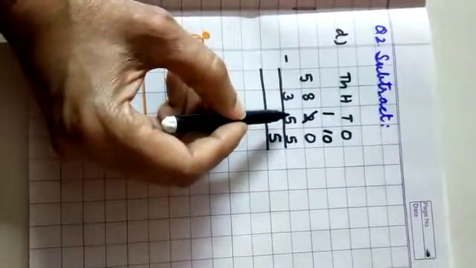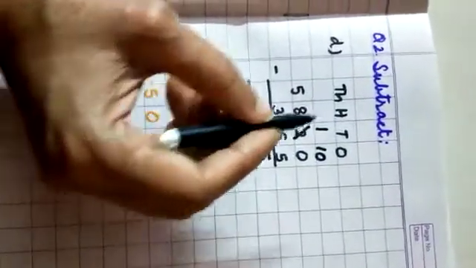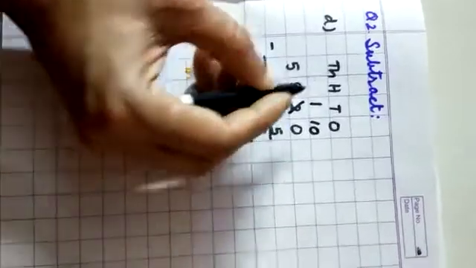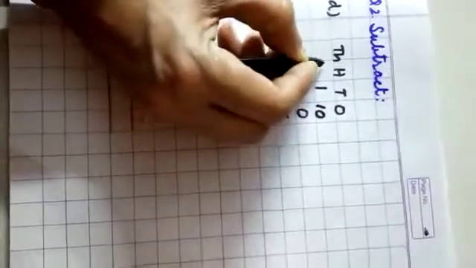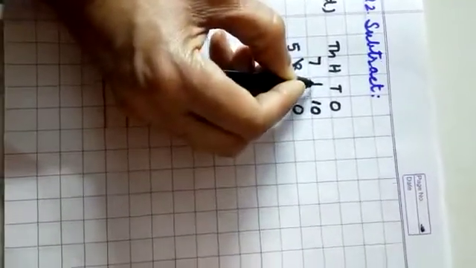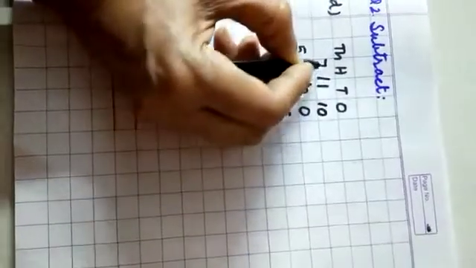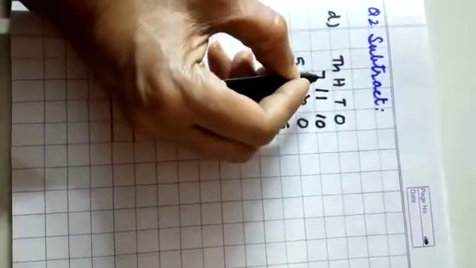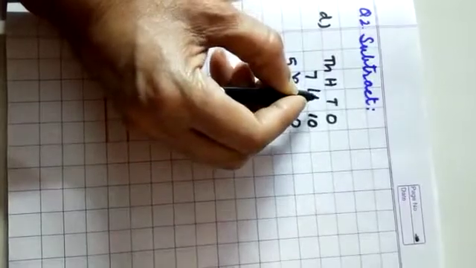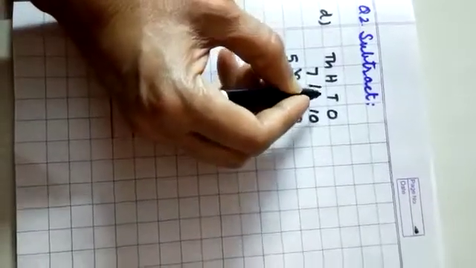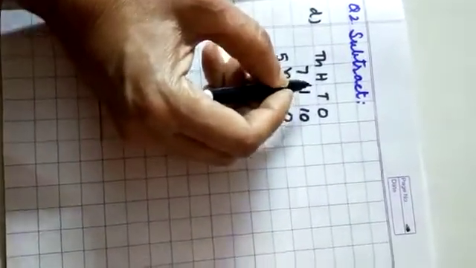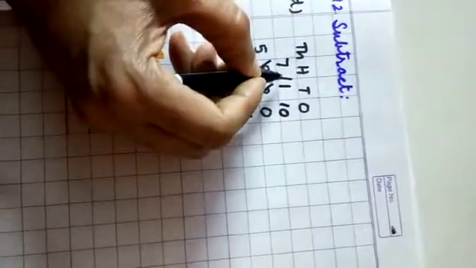1 minus 5, not possible. Borrow from 8. 8 will become 7, and this 1 will become 11. This 100 is taken from 10 hundreds place, and this 100 is 10 tens. So 10 tens plus 1 is 11 tens. 11 minus 5.